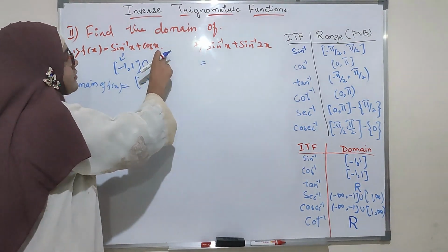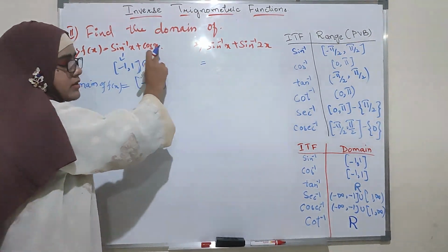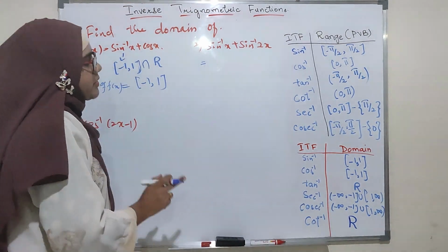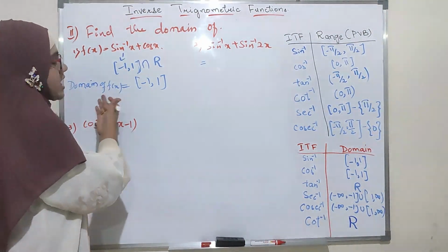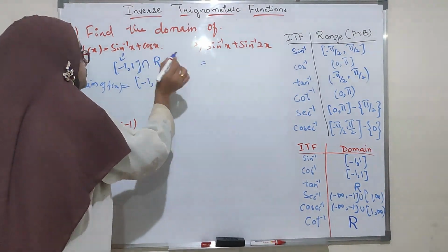We take domain R for trigonometric ratios, but for inverse trigonometric functions the values are different, because we have restricted them to make the given function one-one.